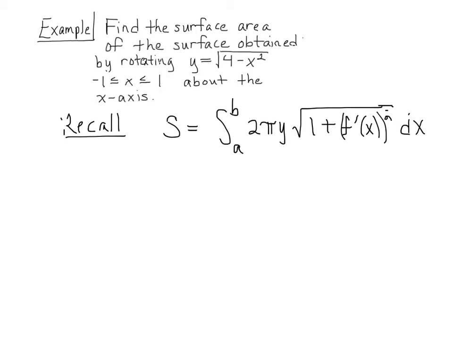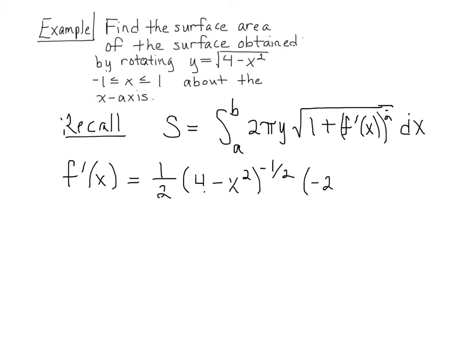In our case, what is f prime of x? It's 1/2 times (4 minus x squared) to the negative 1/2, but we have to use the chain rule, so we get times negative 2x.